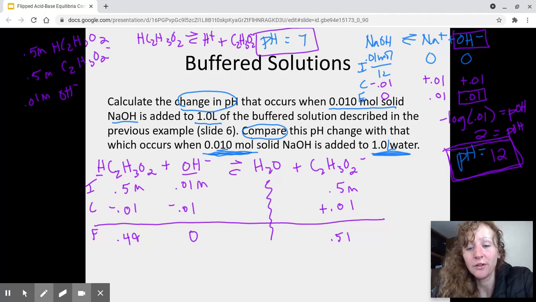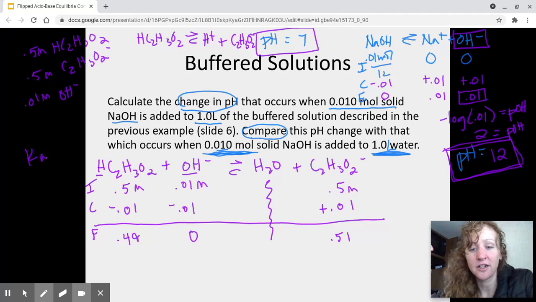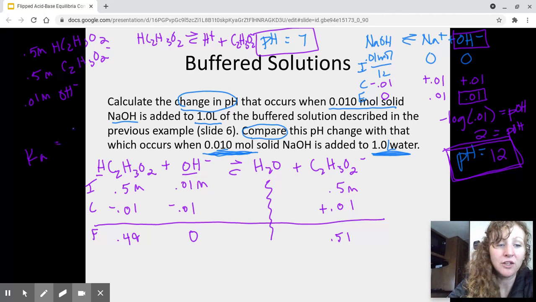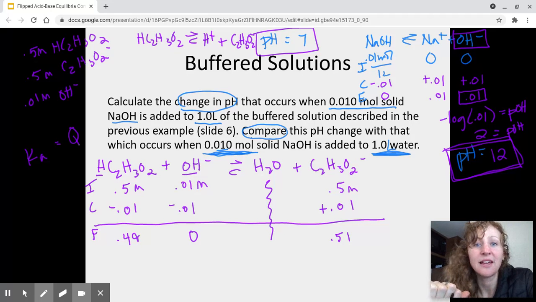We don't know. We're not at equilibrium unless all of our ions get plugged into the K equation and my Q is equal to my K. So is this the case? Well, I don't know. Let's set up a reaction that's going to work with my K equation.